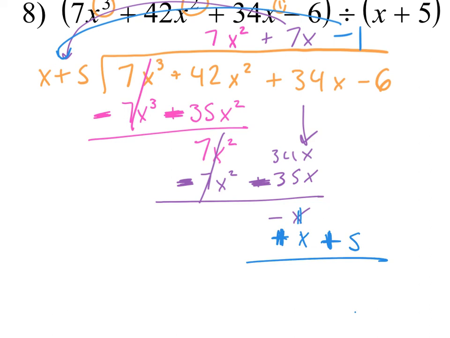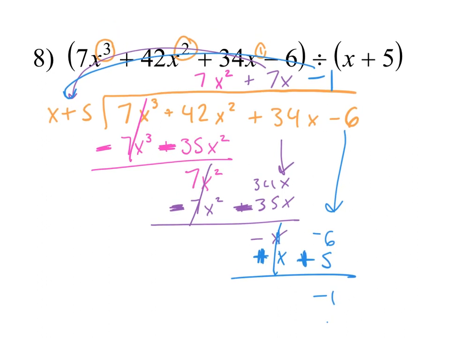What happens to our x's? They cancel. And then what is negative 6 plus 5? Negative 1. What do we do with that negative 1? That's our remainder. So our answer is 7x squared plus 7x minus 1, remainder negative 1.